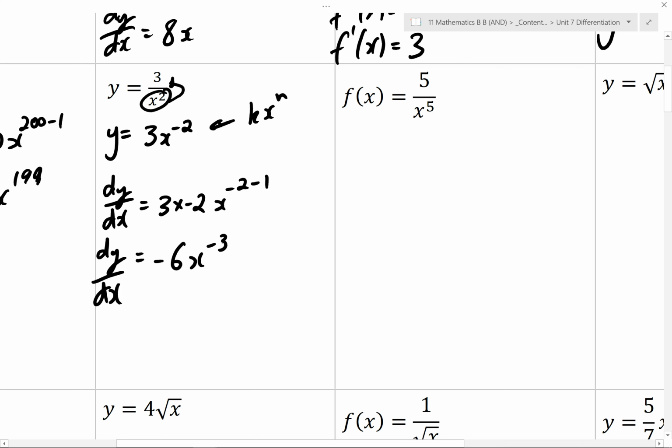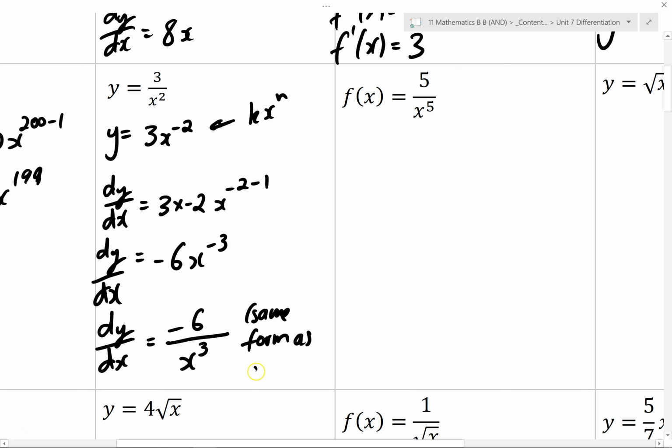Okay, and the general principle for these is that in my question, I was given it as a fraction with no negative powers, so my answer also needs to be in that form with no negative powers. Okay, so I want to change it back to look like the question. Okay, so same form as the question.